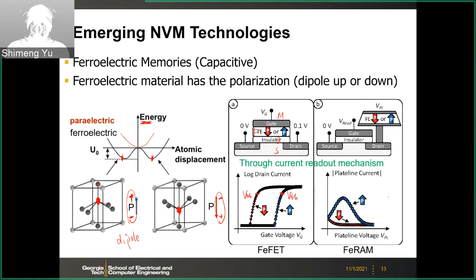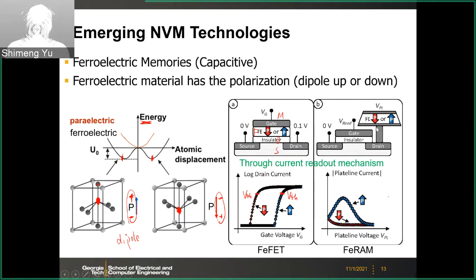Basically, you can change the threshold voltage of this transistor depending on the dipole or this polarization state of the ferro material in the gate stack. We are going to discuss the details later, but this is very similar to the flash memory. There are some differences we will discuss later, but the mechanism is very similar. You change the threshold voltage of this transistor depending on the polarization or the dipole states in the gate stack.